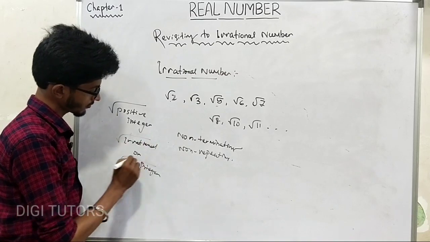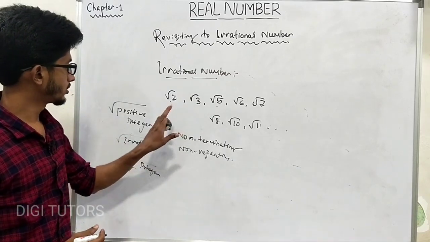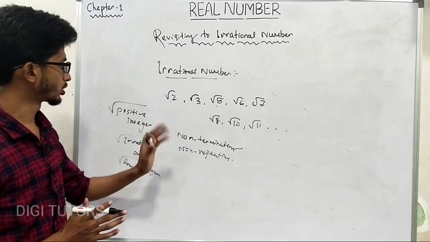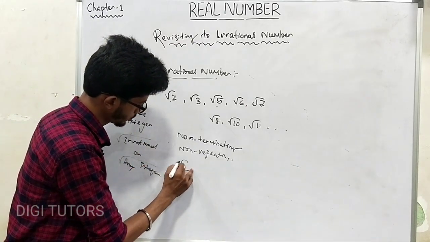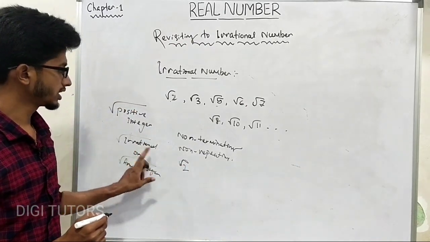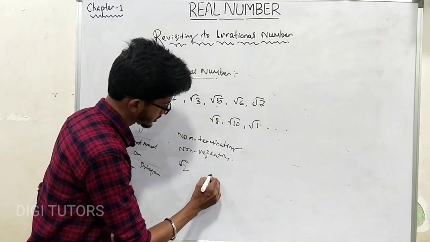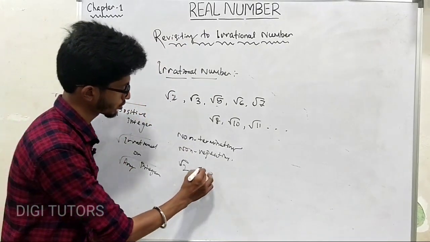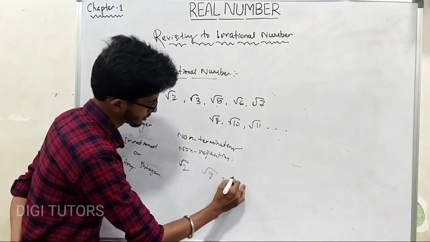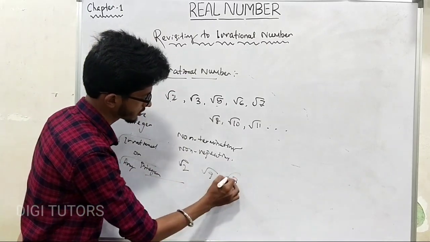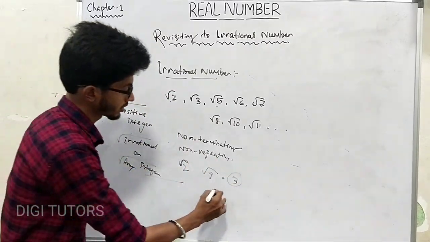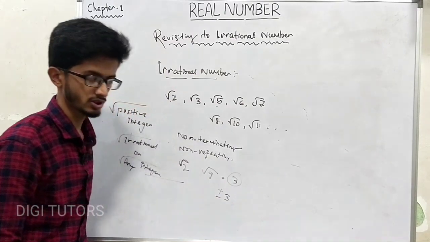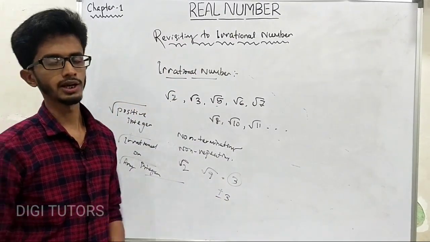For example, 2 is a positive integer, and the square root of 2 is root 2, which gives us an irrational number. If we take 9, then the square root of 9 gives us 3, which means plus or minus 3, a positive or negative integer.